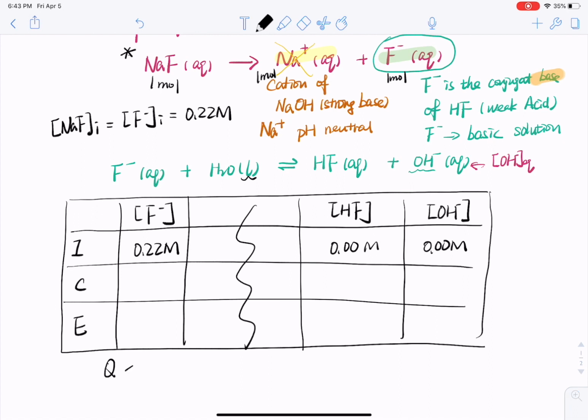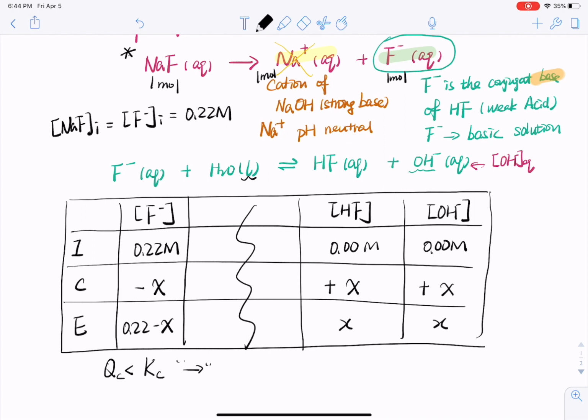Q is equal to 0, smaller than K, so it's gonna move in the forward direction. Therefore it's going to be negative, positive, positive: negative x, positive x, positive x. And over here will be 0.22 minus x, x, and x. Now we have the equilibrium concentrations expressed by this variable x.